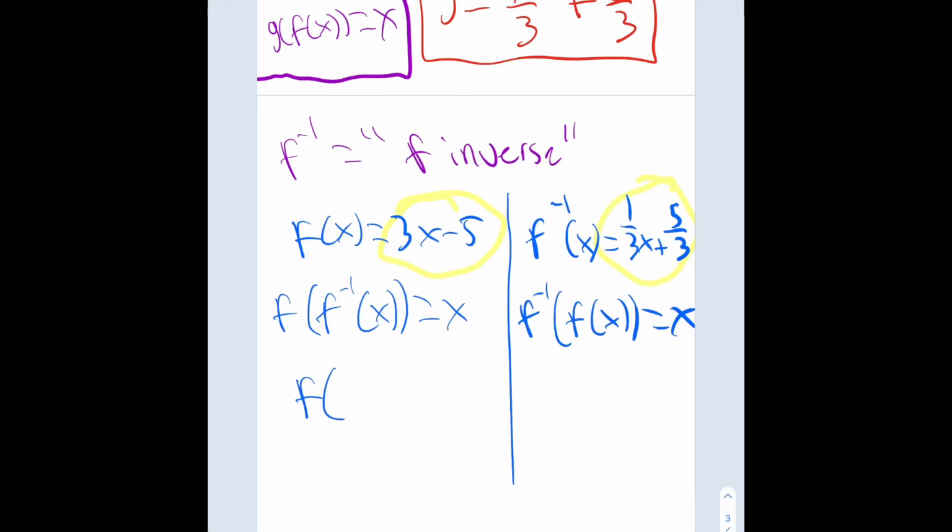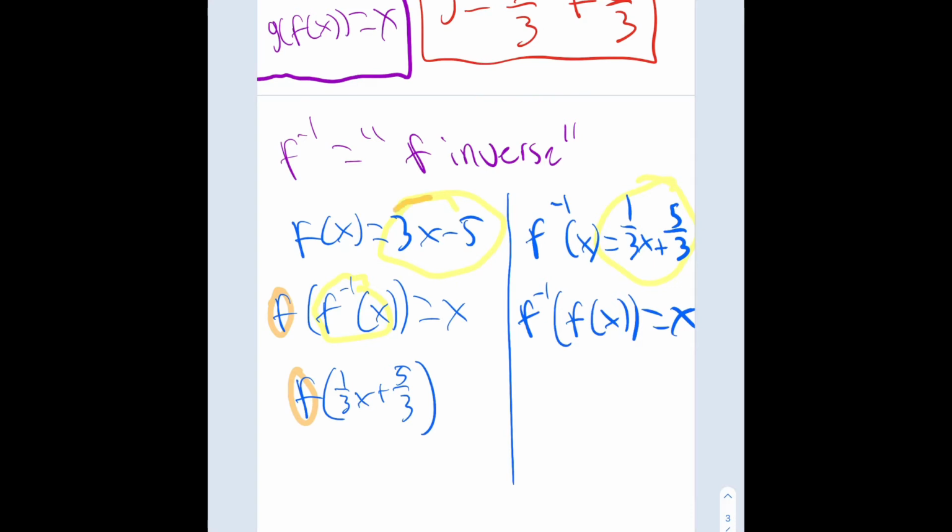It's just like what we learned last lesson with composites. Every time I see f inverse, I'm going to write 1/3 x plus 5/3. But now I have to account for my f that's out here.